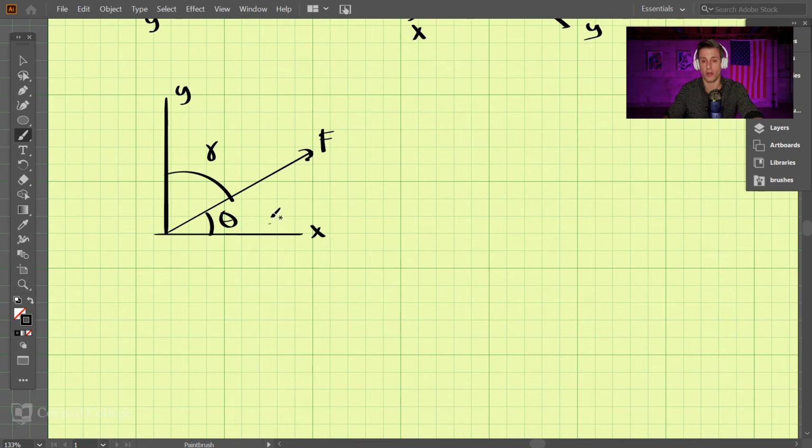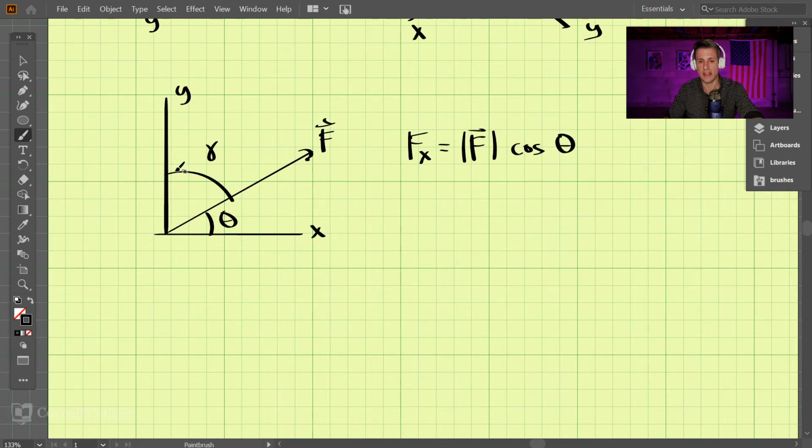So the x component here is equal to the magnitude of f, I better put a hat on this, show it's a vector, f cosine theta.